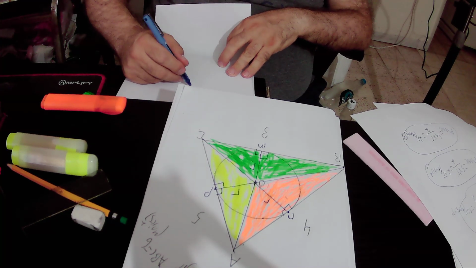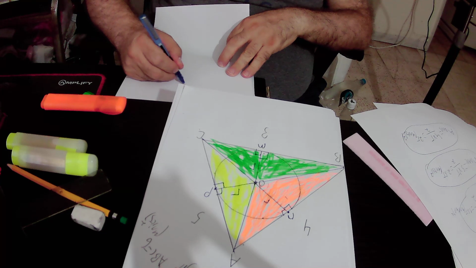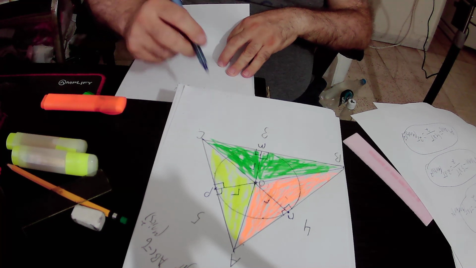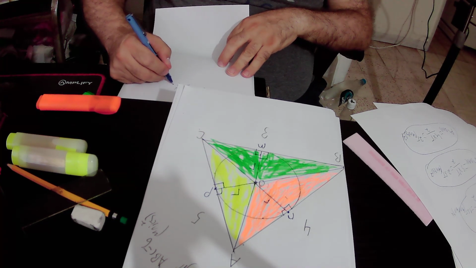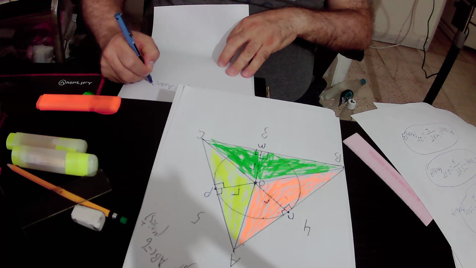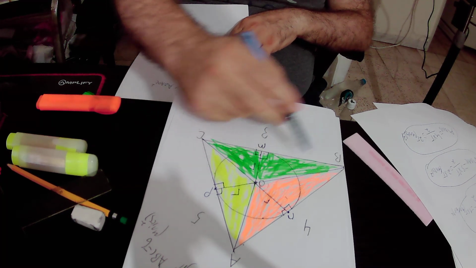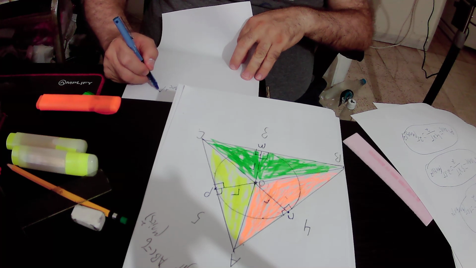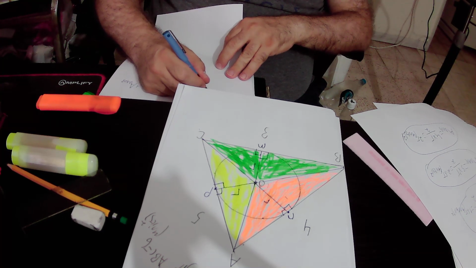So it is the sum of the areas of the green triangle, triangle BOC, plus the area of the yellow triangle, that is triangle AOC, plus the area of the orange triangle, that is triangle AOB. It is very simple.